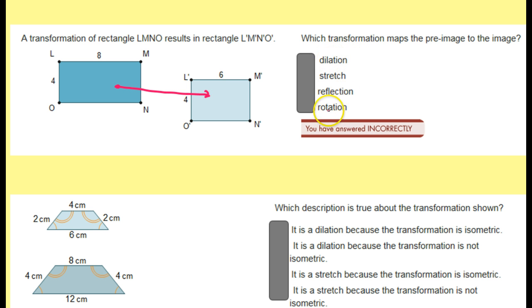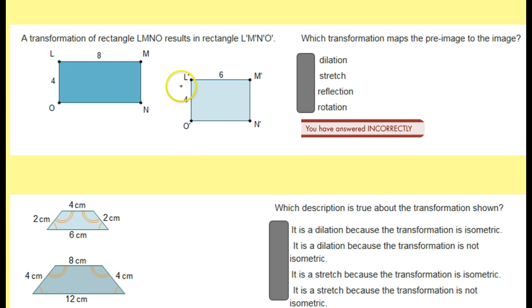They want to know what kind of transformation it is: dilation, stretch, reflection, or rotation. Well, we can eliminate reflection and rotation right away. Look at the order of the letters. Going clockwise, we have L, M, N, O. And going clockwise here, we have L prime, M prime, N prime, O prime.